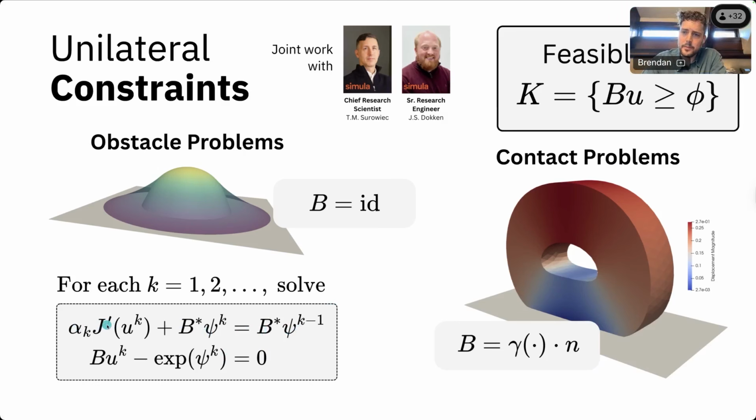What you do is take the first equation, divide through by alpha, and move the right-hand side back over to the left. So B star of the divided difference of the latent variable actually approximates your Lagrange multiplier. And you want to look at the residual of the Lagrange multiplier part of the equation and u_k.